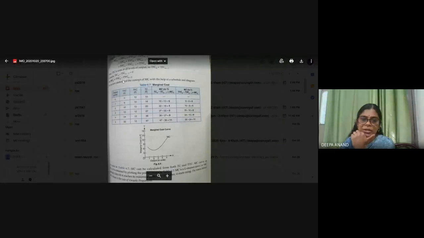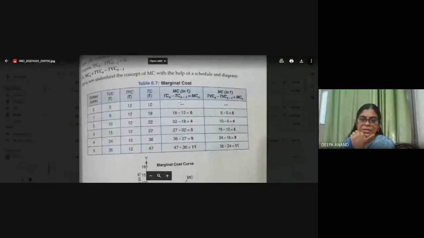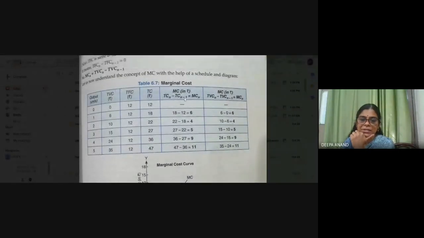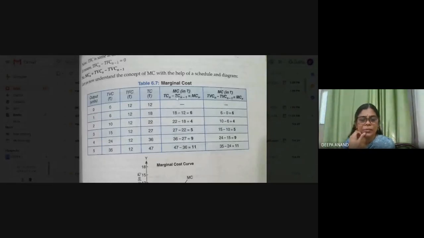It's not the thing, don't write it. It's something else. See, this is the thing: MC is equal to TCn minus TCn minus 1. So you know it in simple words, and now you have put it in the equation, that's all.